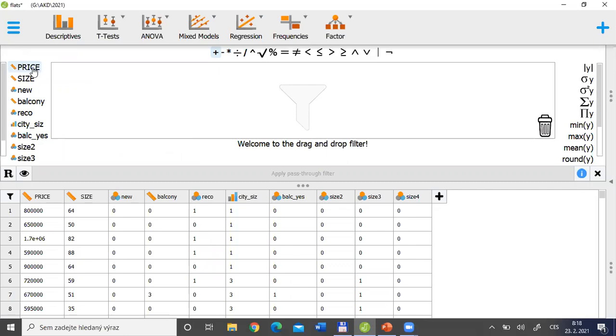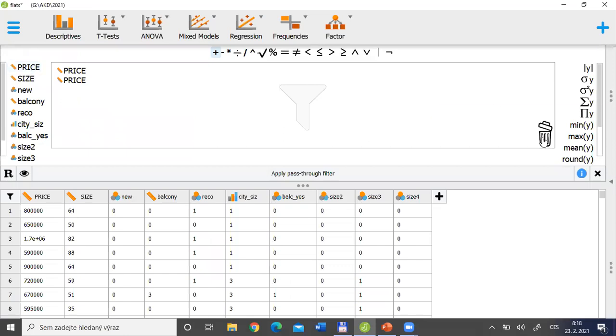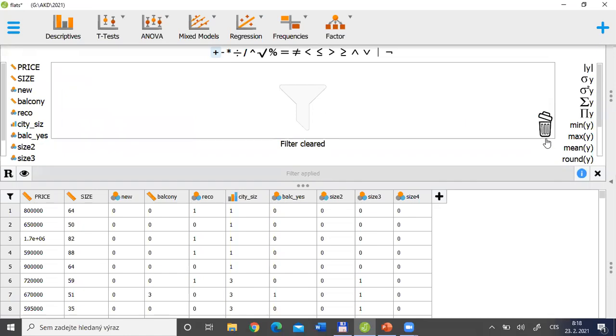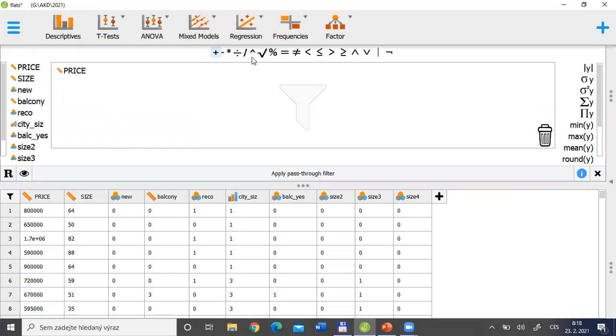For us, it is enough to say, double clicking on the variable, once again, only double clicking, so, price is lower than 200 square meters. Then we will omit the biggest flat in my data. The last step is you need to click on apply pass-through filter.